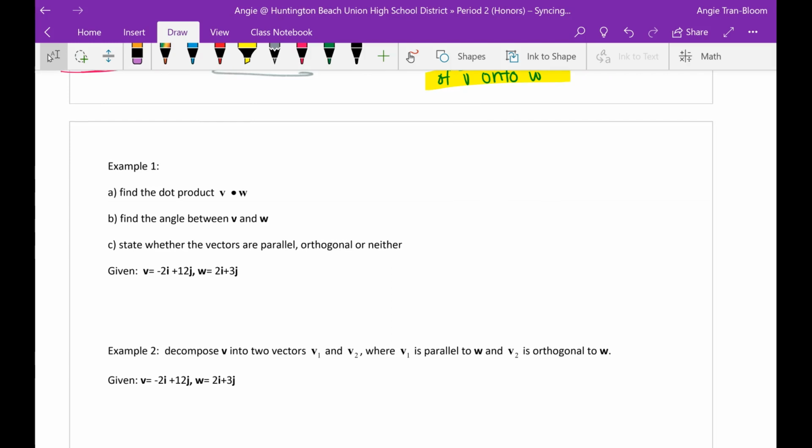Example 1, find the dot product. I'm giving you at the bottom here vector V is negative 2i plus 12j. Vector W is positive 2i plus 3j.